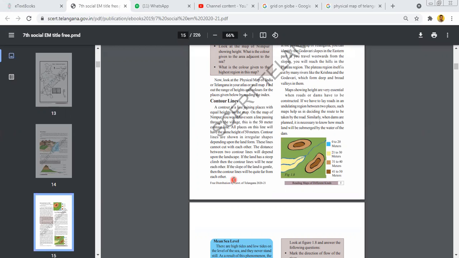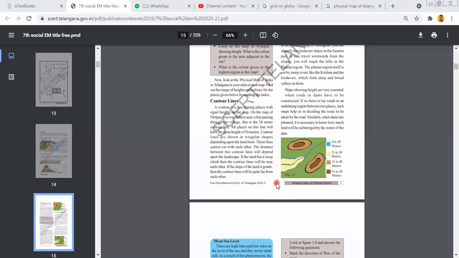If they are far away from each other, it means there is a gentle slope. Like that, by using the contour lines, we can explain the land mass, either the height or the slope of the land. Also, we can analyze it by seeing those maps.